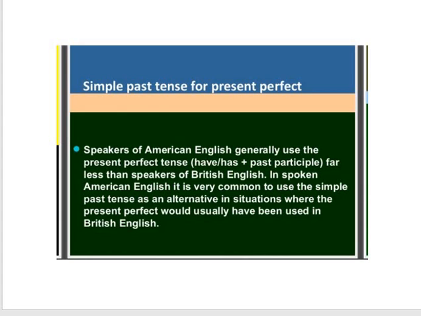Speakers of American English generally use the present perfect tense, have plus past participle, far less than speakers of British English. In spoken American English, it is very common to use the simple past tense as an alternative in situations where the present perfect would usually have been used in British English.